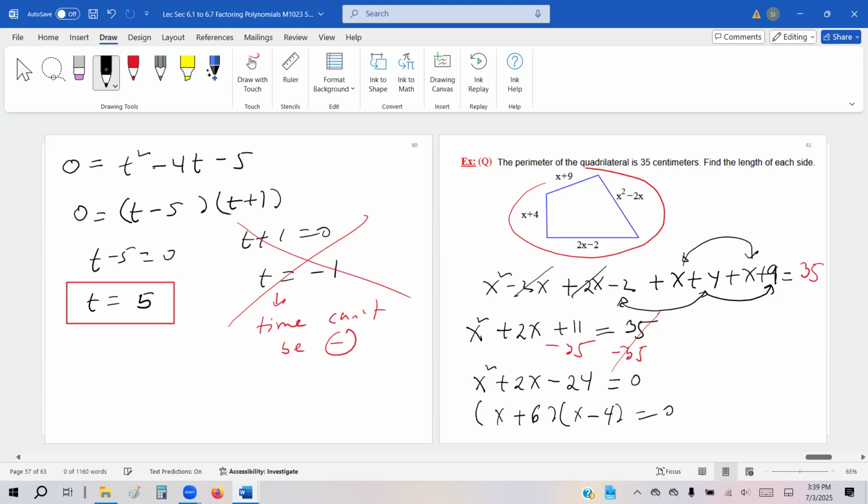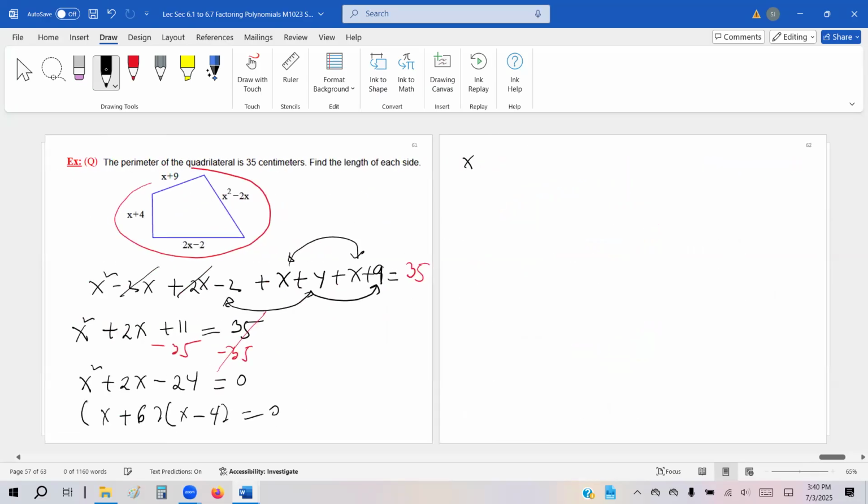Plus 6, minus 4. So x plus 6 equals 0, x minus 4 equals 0. Subtract 6, add 4. So x is negative 6, x is positive 4.